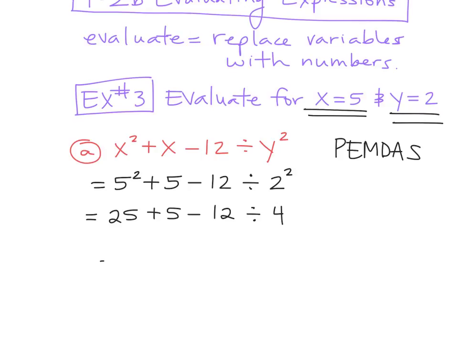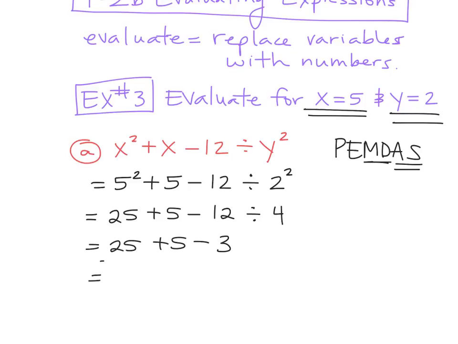Okay, so let's simplify it one step further. What's your next step? Not adding yet. You divide, right? We want to do multiplication and division before we do addition and subtraction. So if we divide, it's going to be 25 plus 5 minus, what's 12 divided by 4? 3.